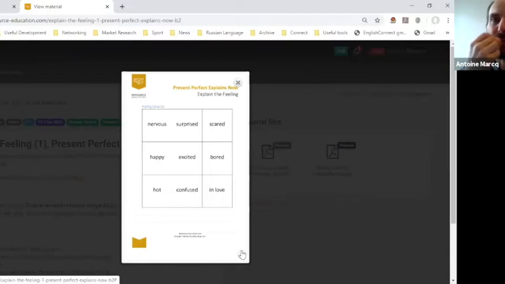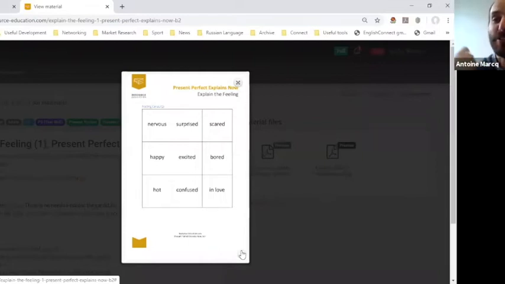How could you imply that you're confused with a present perfect sentence? I've never been in this situation before. I wouldn't have expected that.